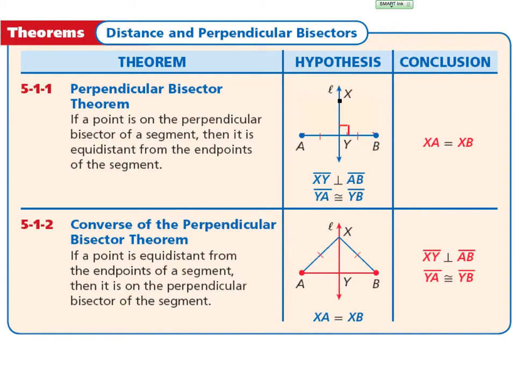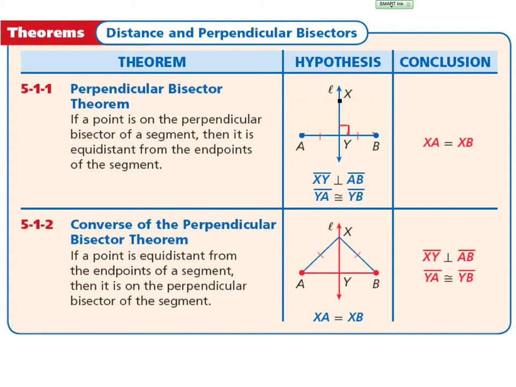The second one is the converse of that. Notice the wording is backwards from the first one. If a point is equidistant from the endpoints of a segment, so your picture this time probably doesn't even have to have that line in there, but X is the same distance to A and to B. X is equidistant from the ends of a segment. Then it is on the perpendicular bisector.